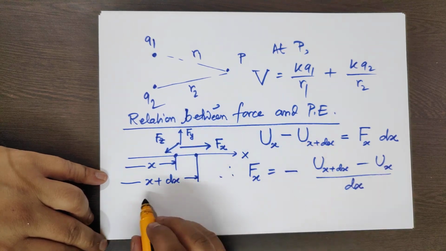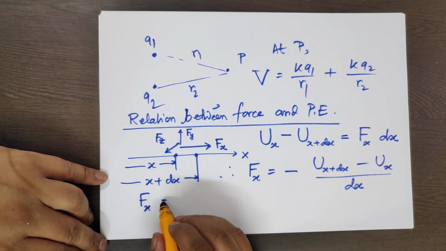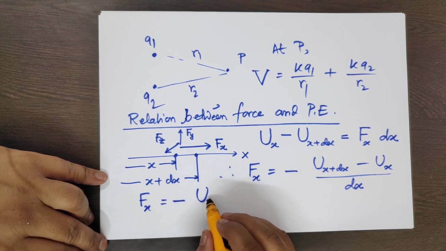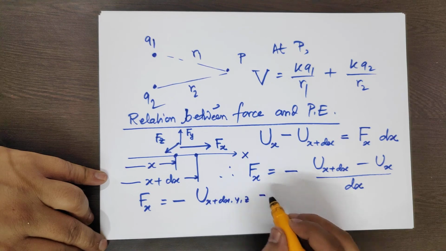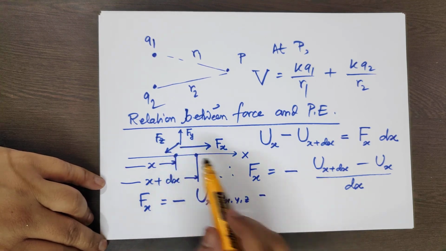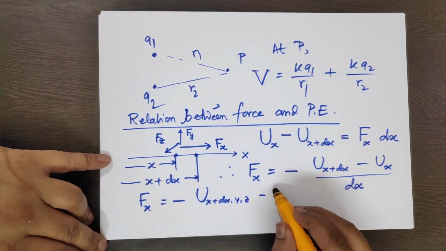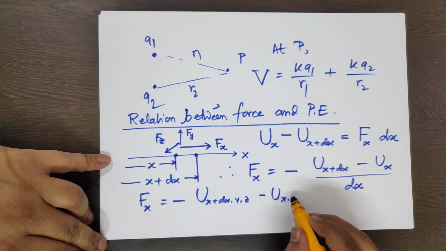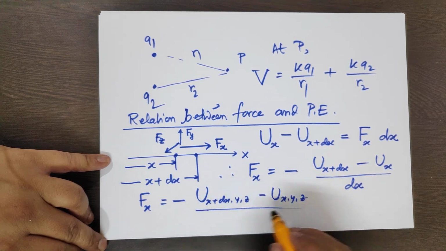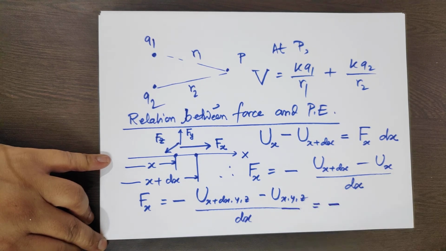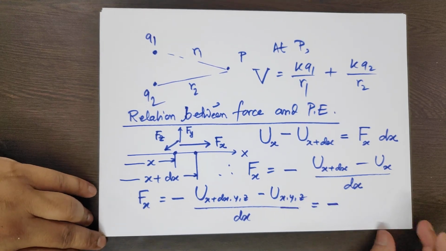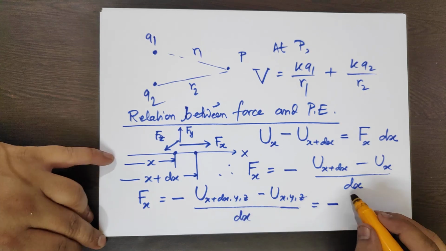Actually, we can write it again like this: minus U at x plus dx, y, z, because you take a line parallel to the x axis, so the y and z coordinates do not change, minus U at x, y, z, divided by dx. So, this is nothing but differentiating U with respect to x, keeping y and z constant.